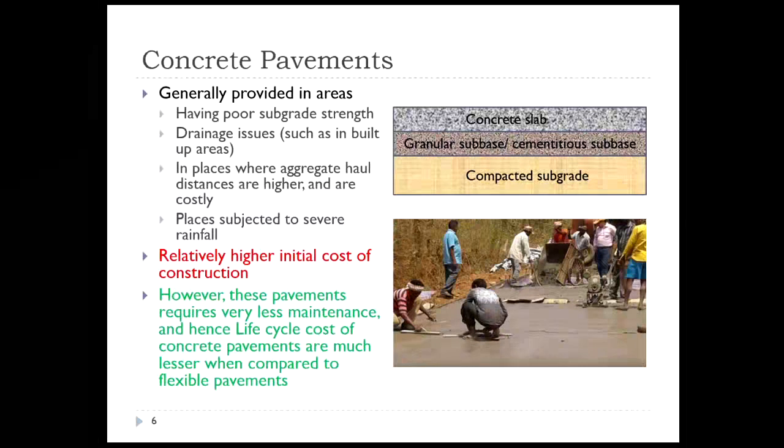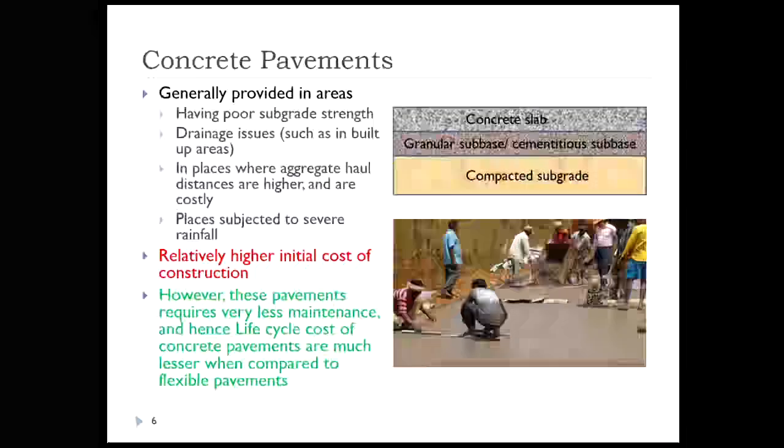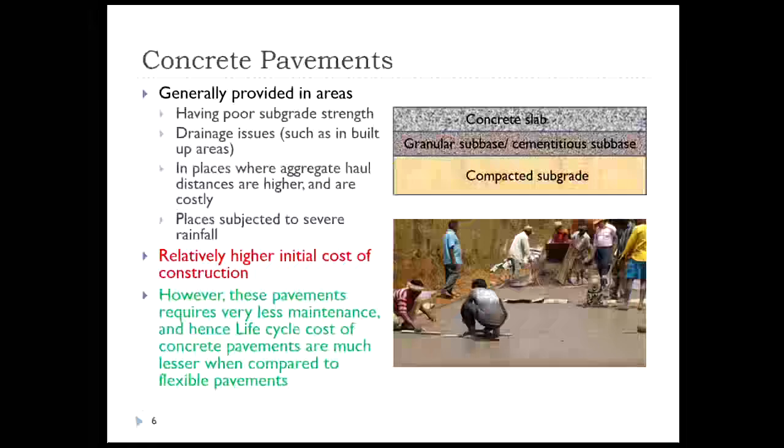But what prevents many engineers from choosing concrete pavements is the relatively higher initial cost of construction. Our flexible pavements have lower initial cost of construction. And another reason people go for flexible pavements is that, especially in the case of high volume roads, they allow stage construction.